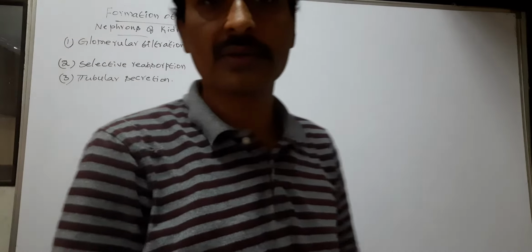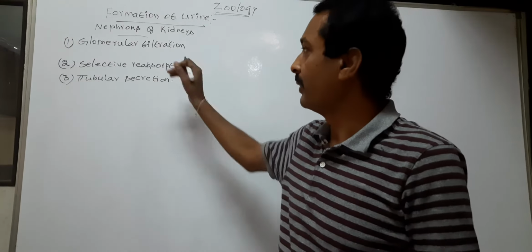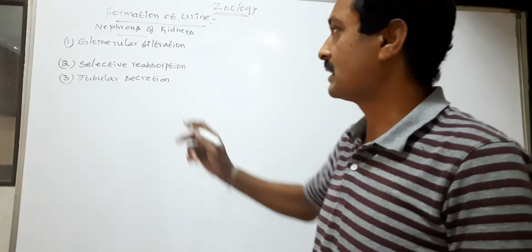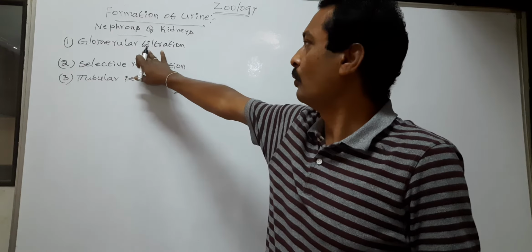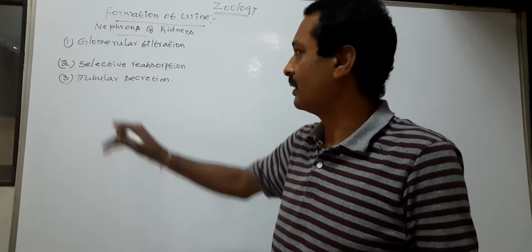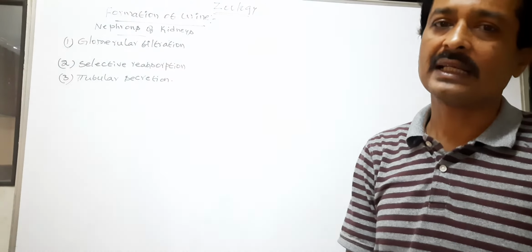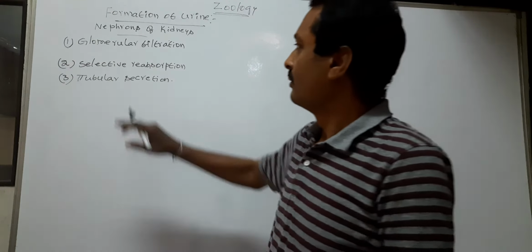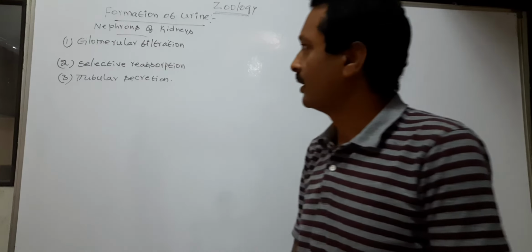So the formation of urine involves three main steps or processes, namely glomerular filtration, selective reabsorption and tubular secretion. First we discuss glomerular filtration.